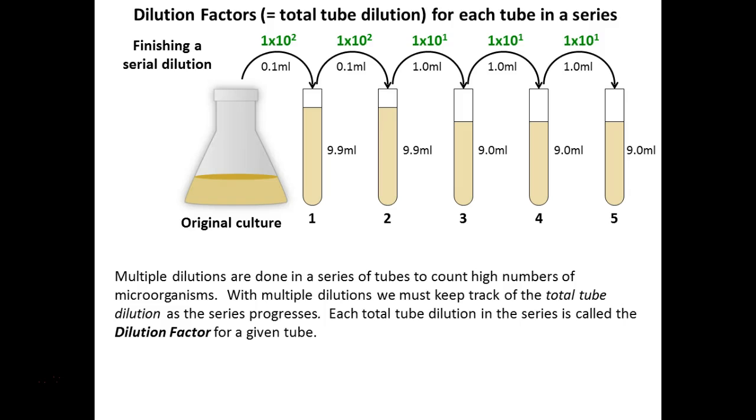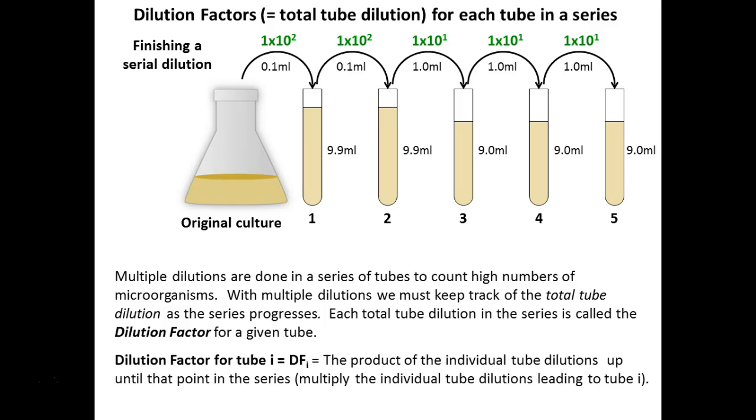Okay, so now we have to take into account that these are just individual tube dilutions, but the final dilution of this tube is a combination of the dilution to make the tube and the dilution that came before it, that we took a sample of. The good thing is that when you use exponents, when you multiply exponents, what do you actually do? You add.